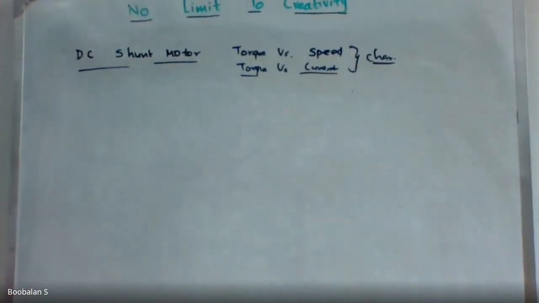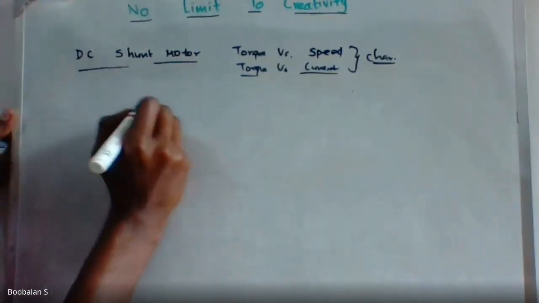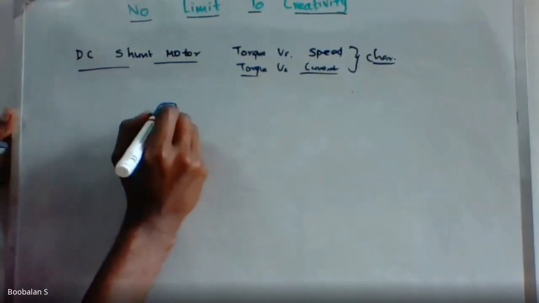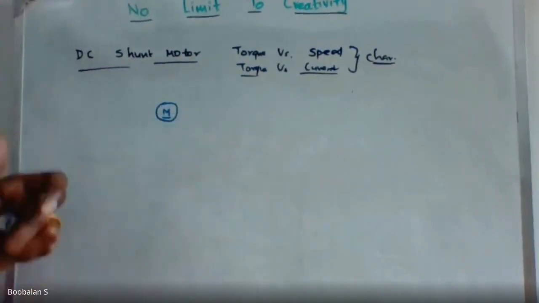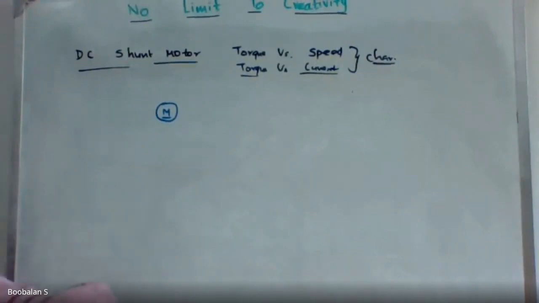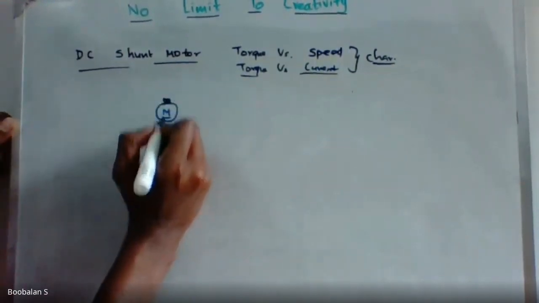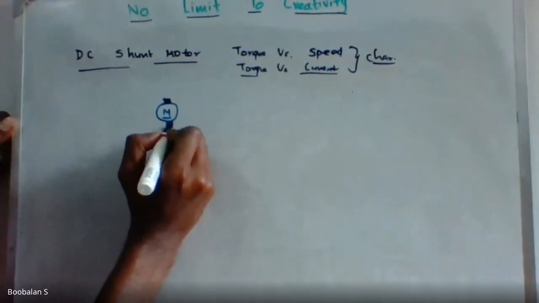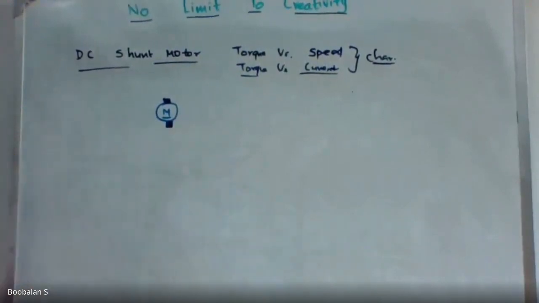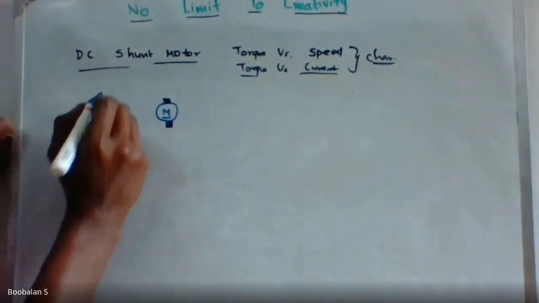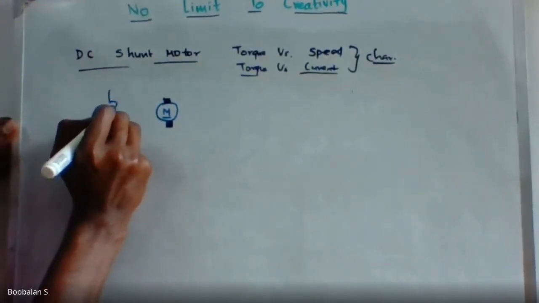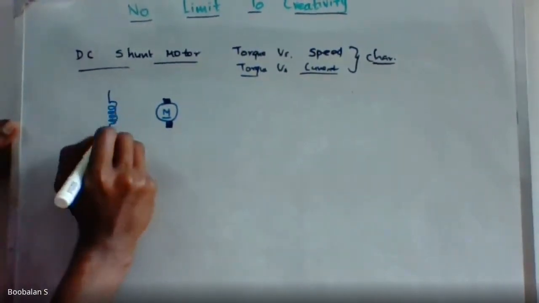Before that, we need the diagram, right? How will the DC shunt motor be? Now I'm going to redraw the shunt motor, so it will be easy for us. In a shunt motor, my armature and my winding, that's called the field coil, how are they connected? Anyone give me the answer.